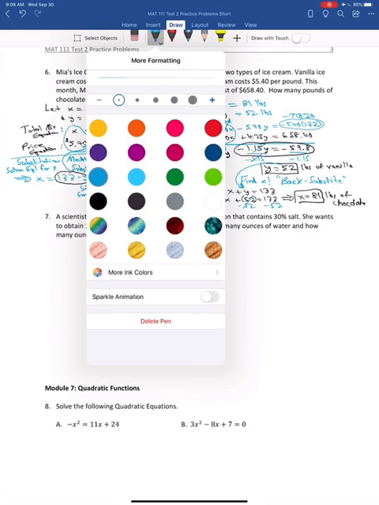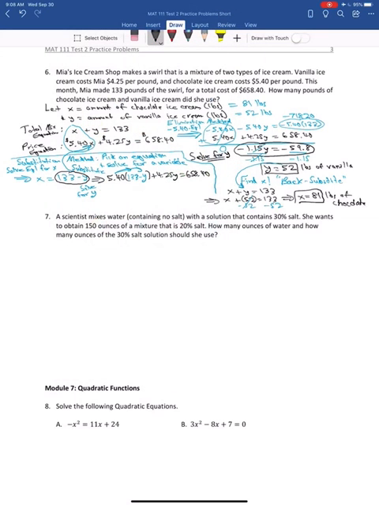Then we can distribute. As we do that, we get 5.40 times 133. And what's 5.40 times 133? We get 718.2. 5.40 times minus y, that's minus 5.40y, plus 4.25y equals 658.40.